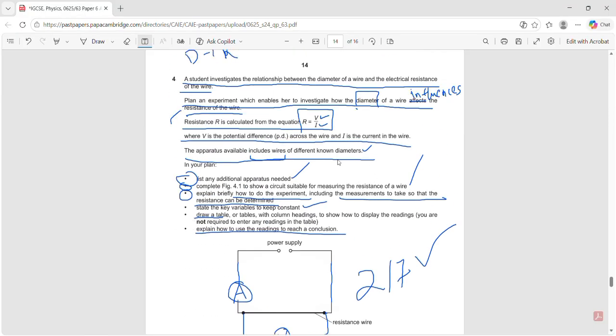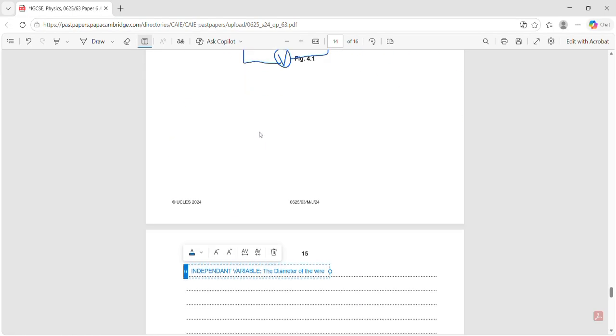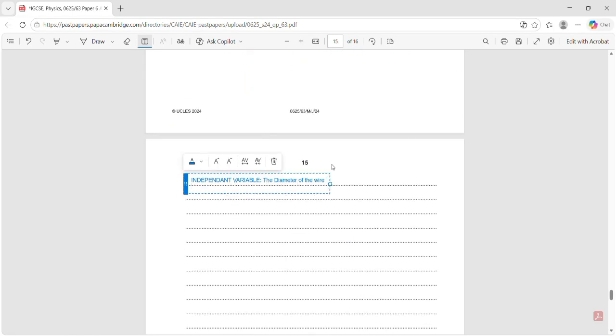Yeah, it's the diameter of the wire. I thought it was something else, maybe another component. Anyway, that's the independent variable. Then the dependent variable is the resistance of the wire, as we have figured out over here, right?